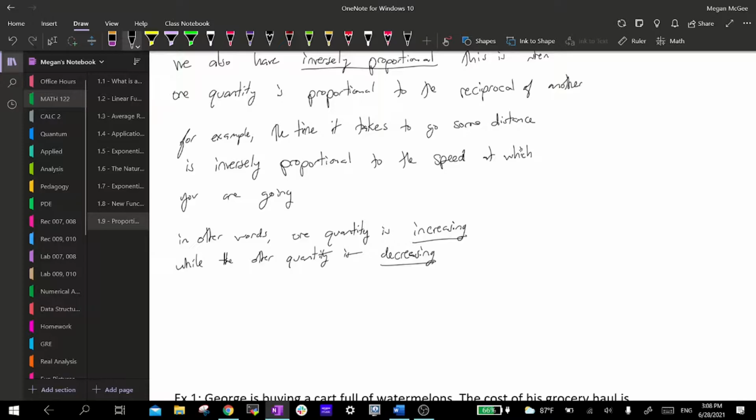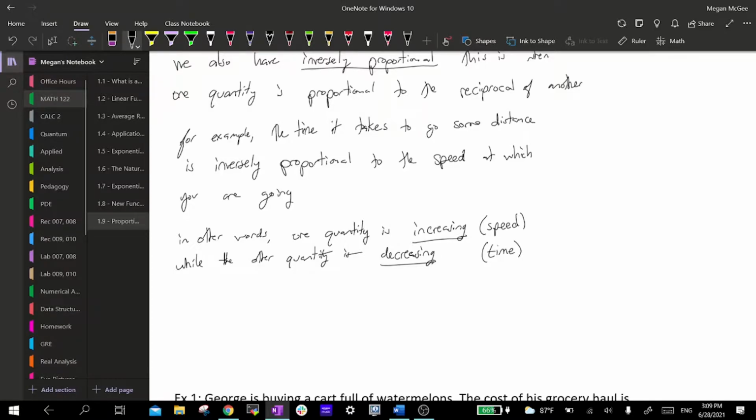So in our example here about the time and the speed, the faster you go, so if speed is increasing, then the less time it's going to take you to get where you need to go. So we have time would be decreasing.